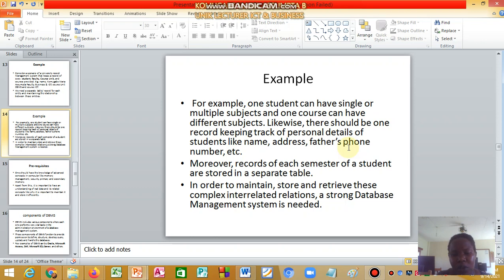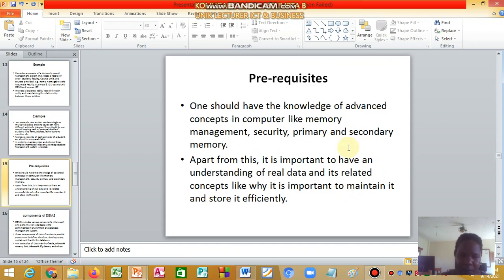Moreover, records of each semester of a student are stored in a separate table. So each student's information will be stored in a separate table. In order to maintain, store, and retrieve these complex interrelated relations, a strong database management system is needed. So now I think you know why we need a database management system.